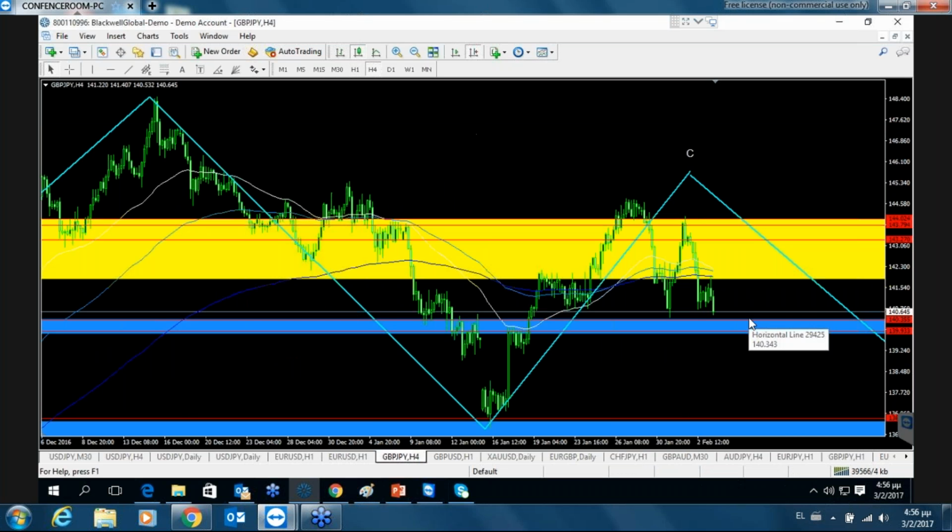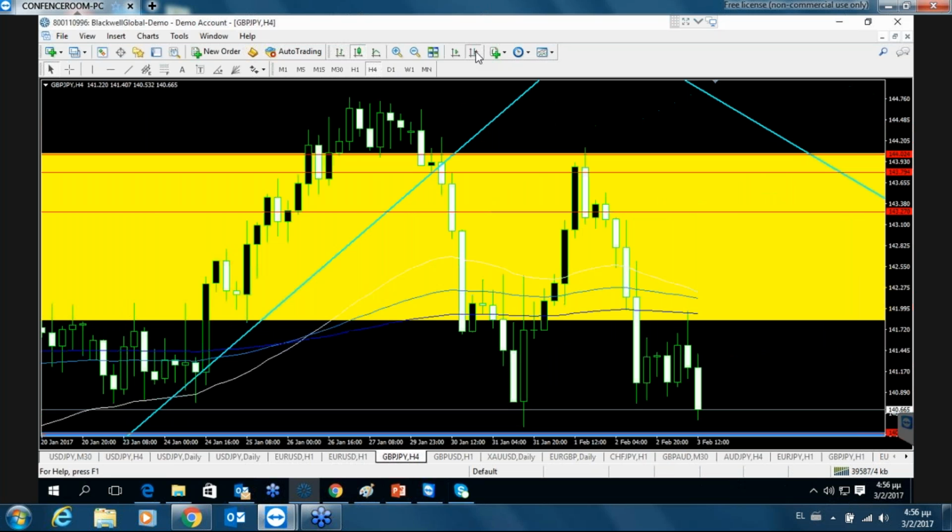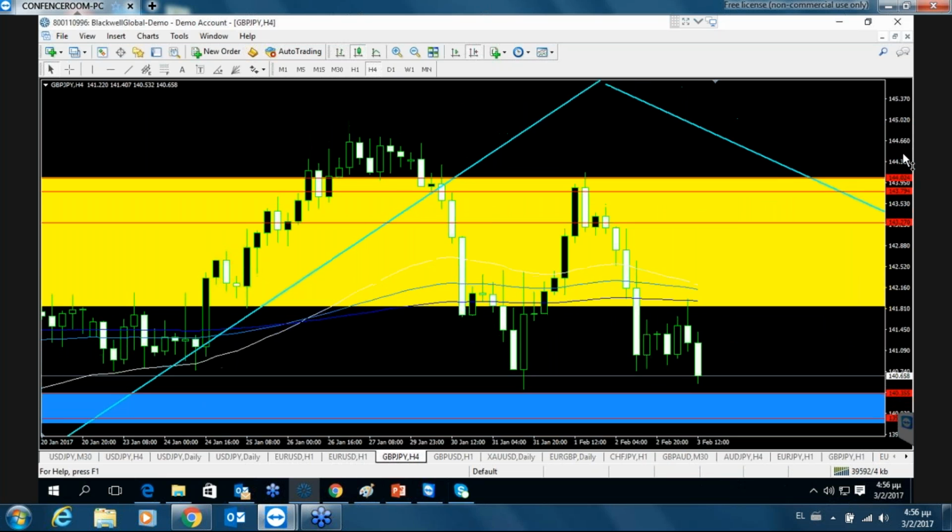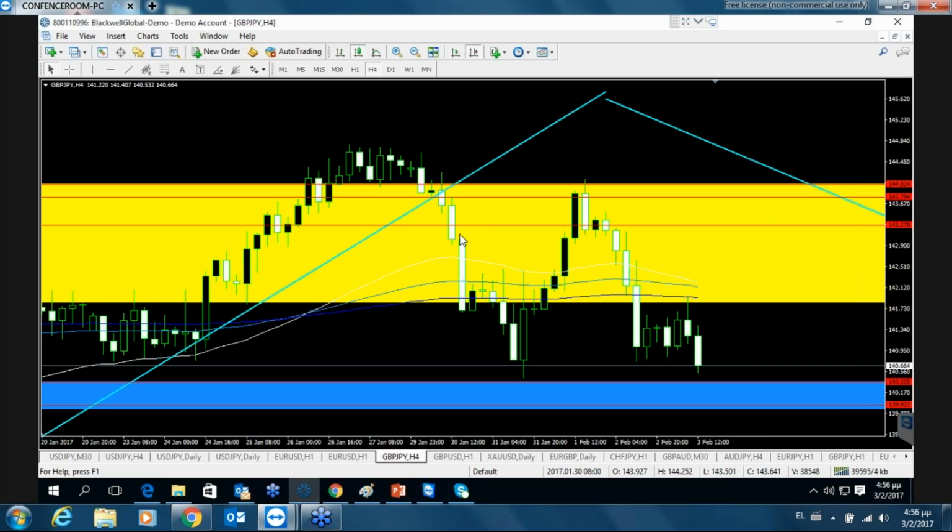Now perhaps this one here is a little better, on the GBP JPY, just an example for you. If I make that bigger, you've got A to B going downwards, and a nice C touch there.